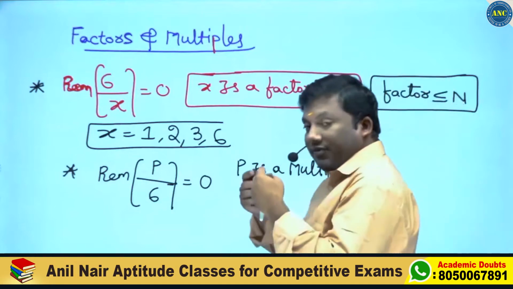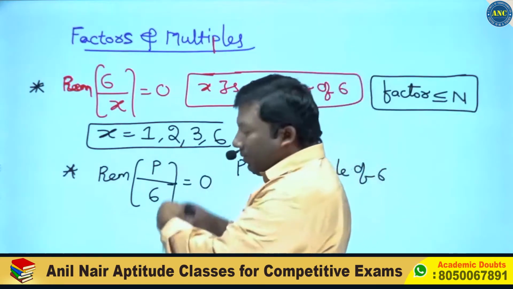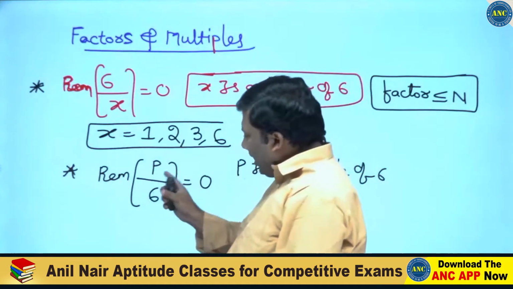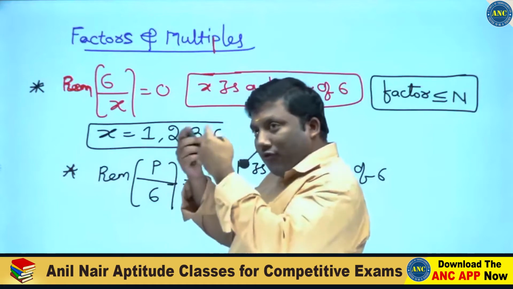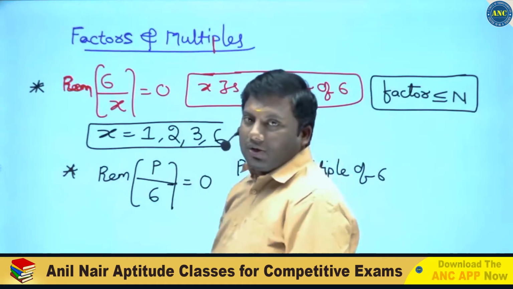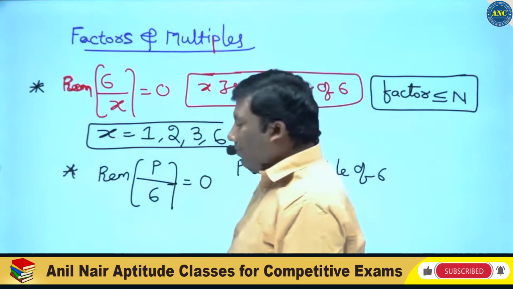Any number when it is perfectly divisible by 6, and perfectly divisible means remainder is 0. 4 is perfectly divisible by 2, remainder 0. 8 is perfectly divisible by 2, remainder 0.